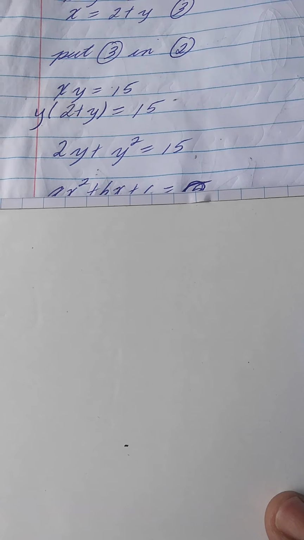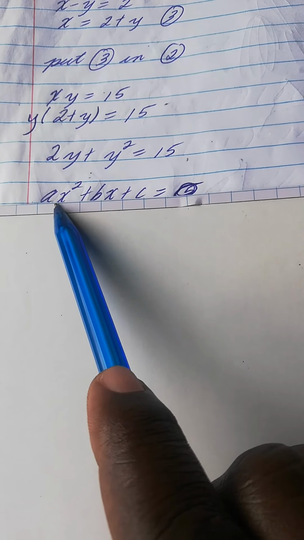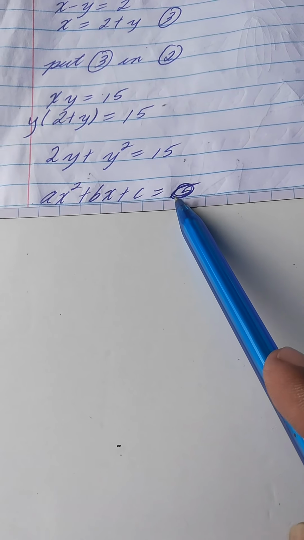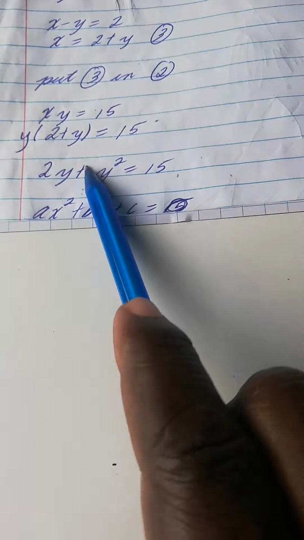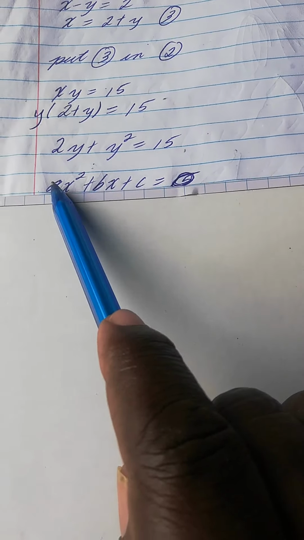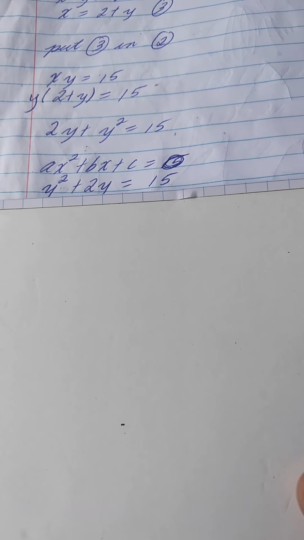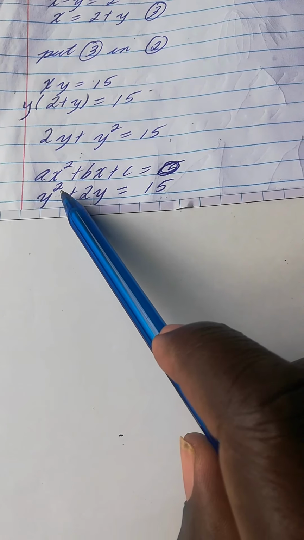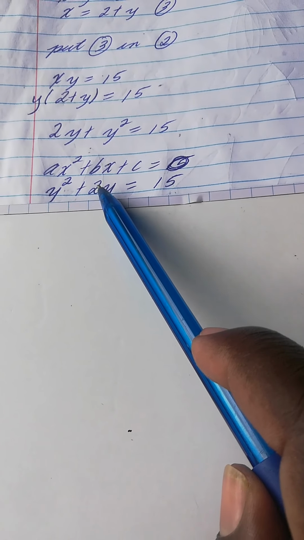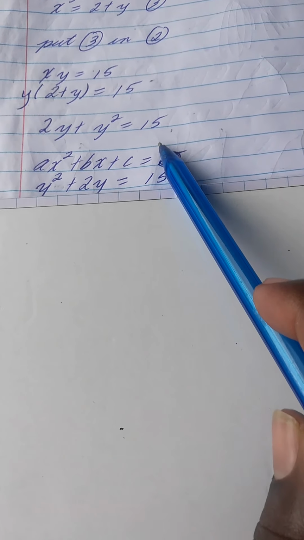The next thing we'll have to do is to put this into the quadratic format, which is ax squared plus bx plus c is equal to 0, which means we have to shuffle these things around a bit so that it looks like this. So the y squared goes first, the 2y comes next, and then the 15, it was over here.